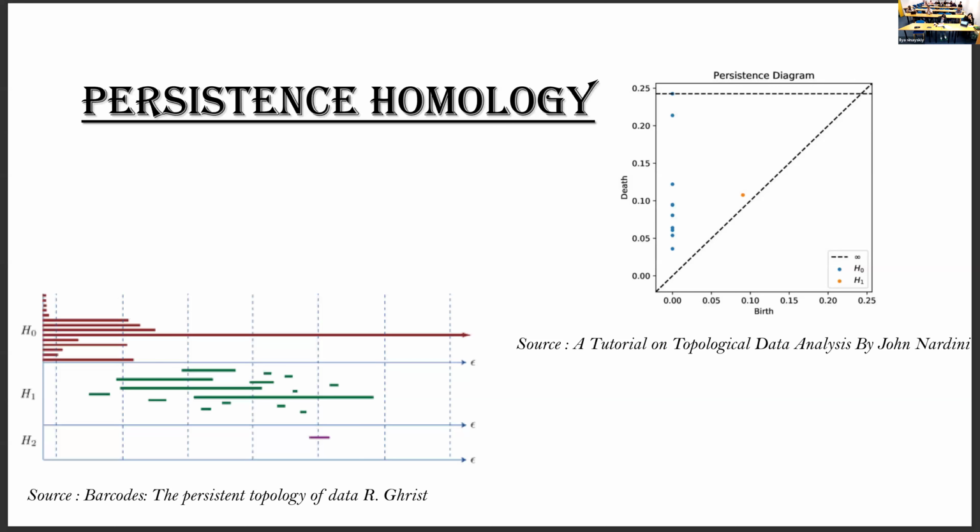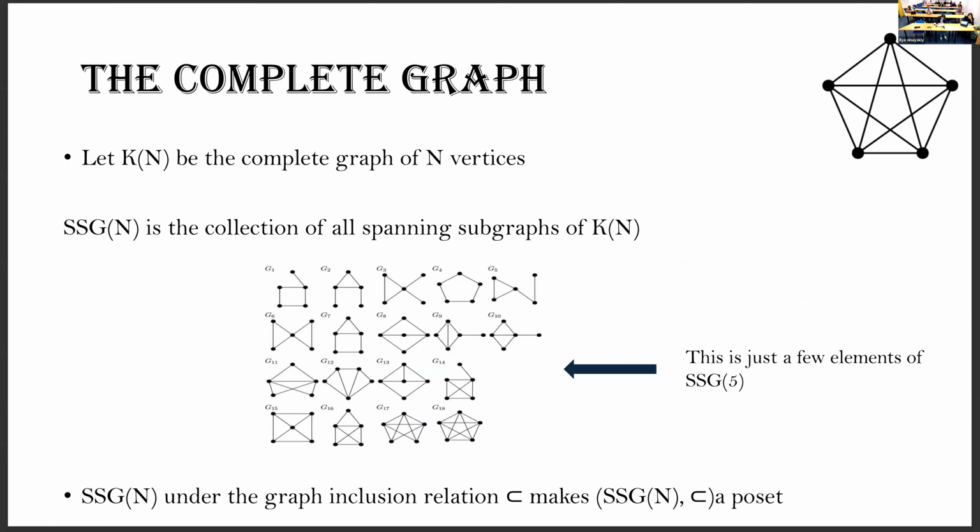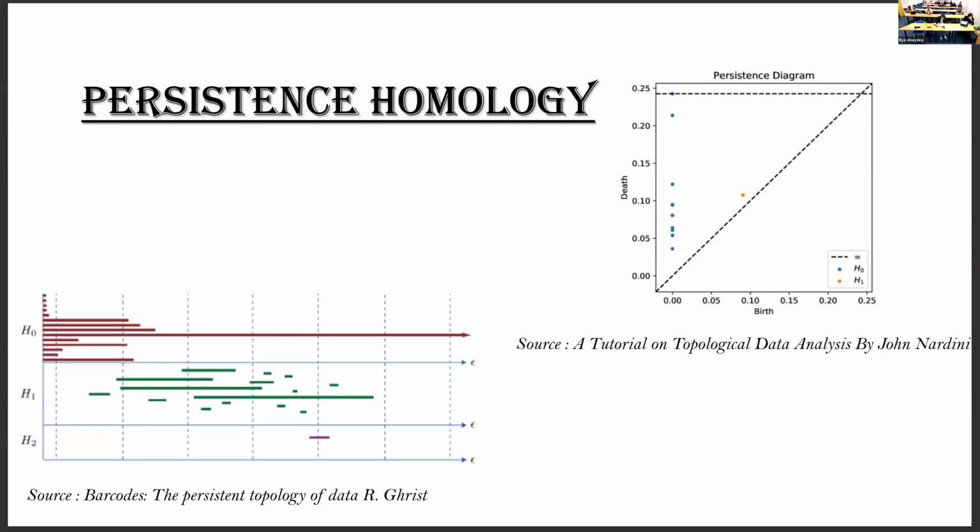Let's just very briefly see where the mathematics stops in TDA. The next steps start to go toward machine learning and vectorization. That's how people compare data sets using topology.